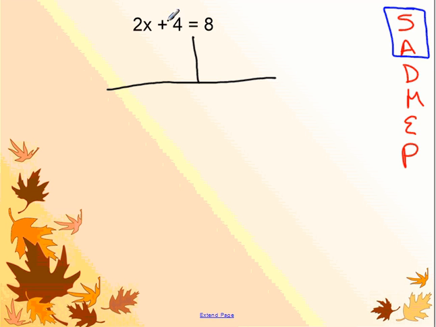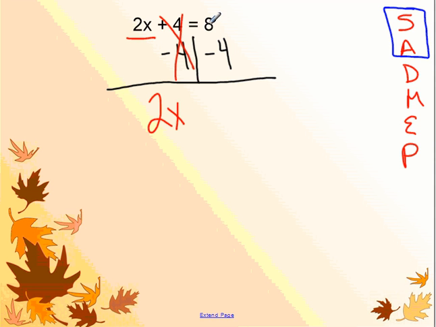I'm just going to undo plus 4. The inverse operation of addition is subtraction. So I'm going to subtract 4 from the left side. I have to do it on the right side too. My 4 and my negative 4 cancel. And what am I left with on this left-hand side? I'm left with 2x.